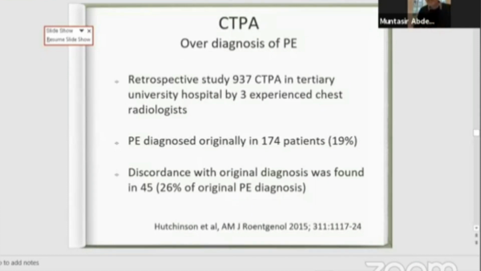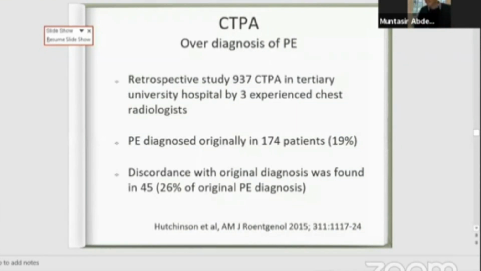And the result was actually very interesting, because after they evaluated all these CTPAs again, they found that in 45 patients, which is about 26%, 1/4, there was no PE. Originally it was diagnosed to be PE, but they believe that the pulmonary embolism was not there in these 45 patients.